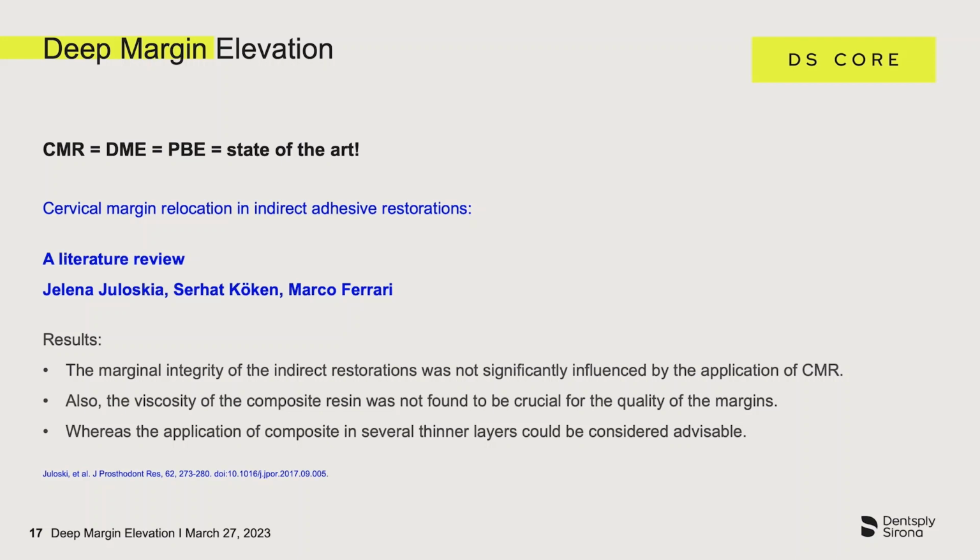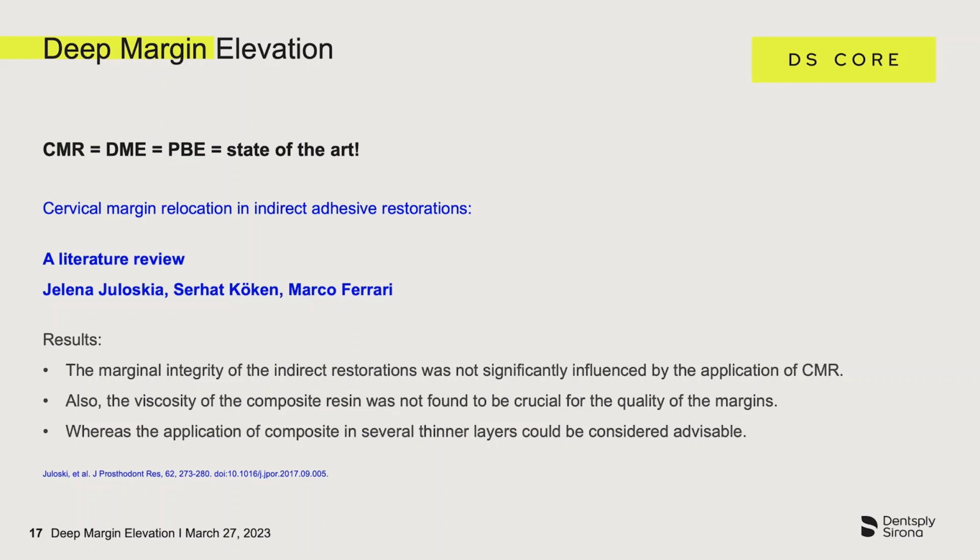It was shown that the marginal quality in direct restorations is not significantly influenced by the use of deep margin elevation. It was also shown that the viscosity of the composite used is not decisive for the quality of the margins. Another finding from this review is that the increment technique leads to better results and is recommended.